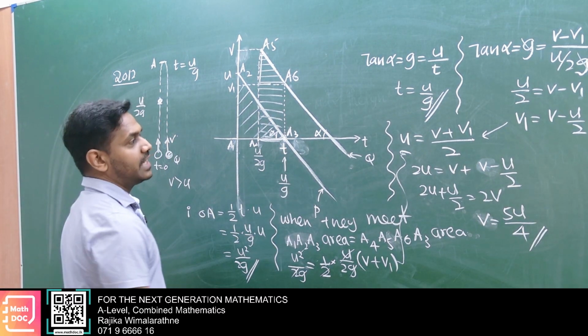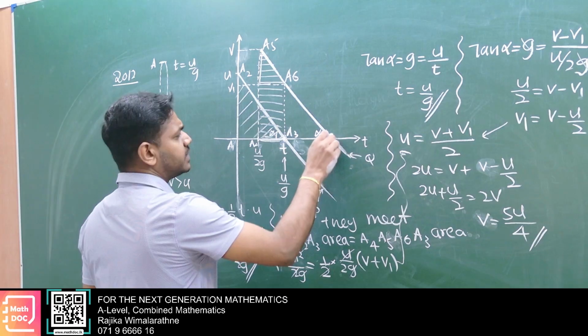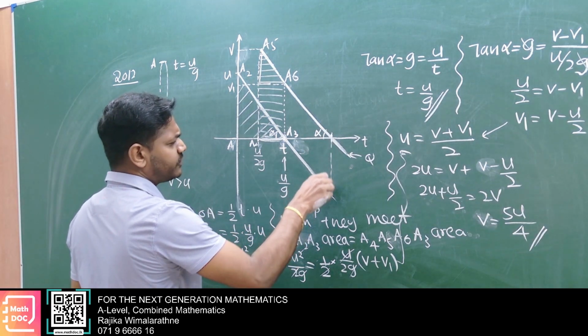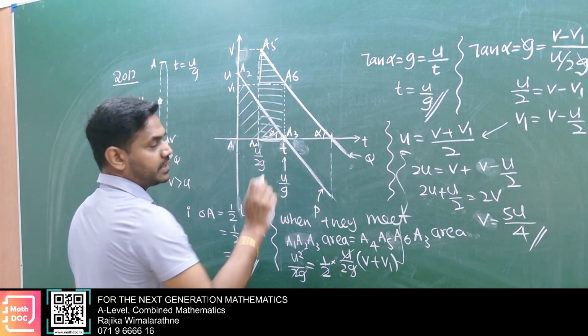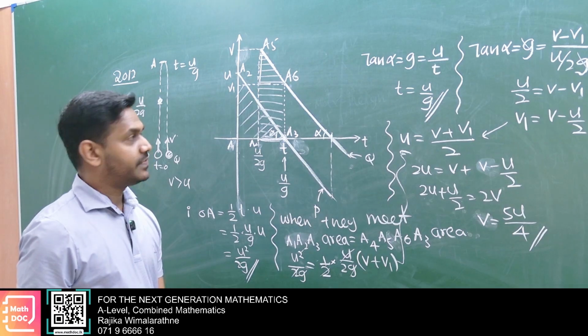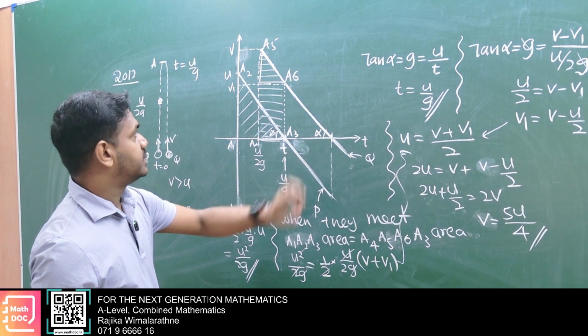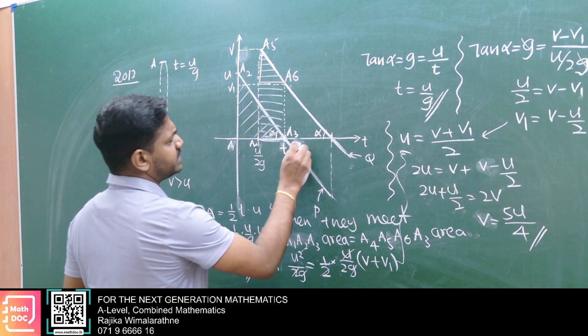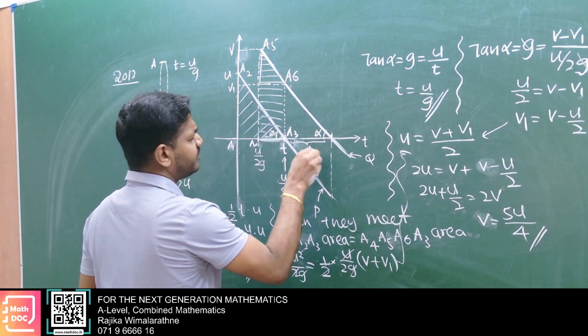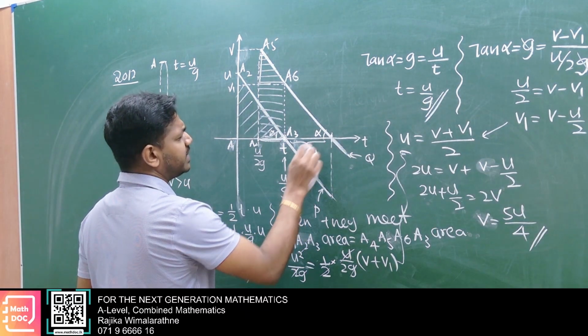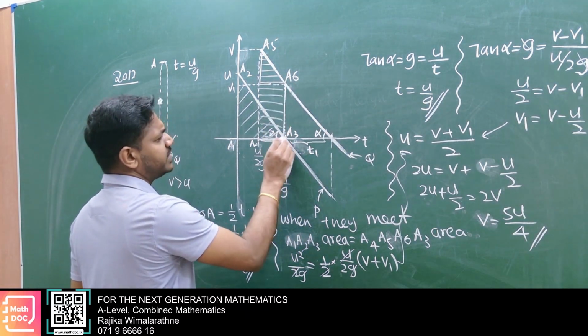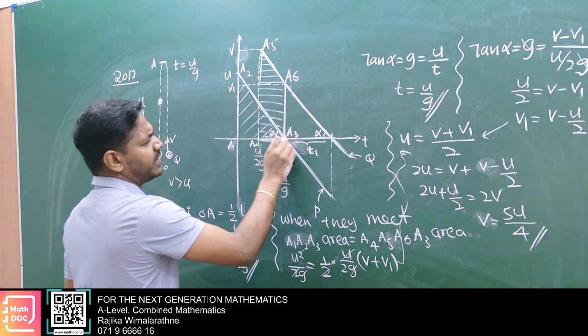Okay, further it says that when the particle Q is at its highest position, we have to find displacement of P. Displacement of P, no? So here the highest position. So you take this time T1, then tan alpha equal V1 over T1.